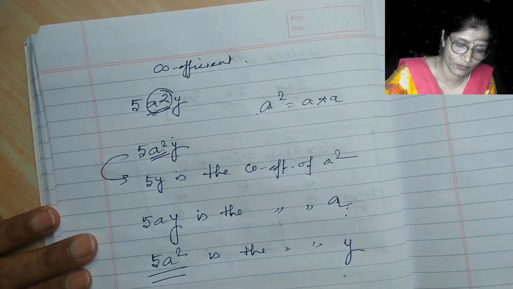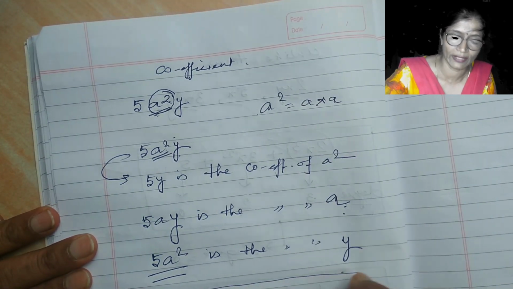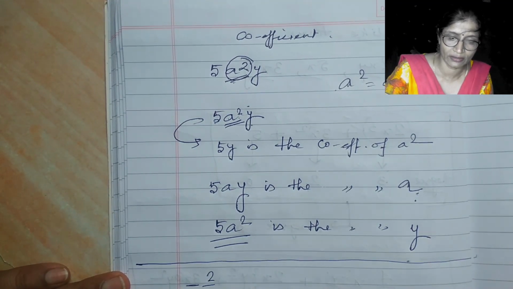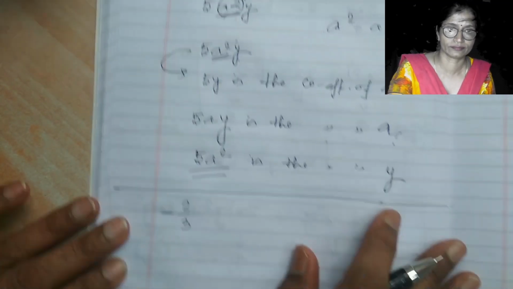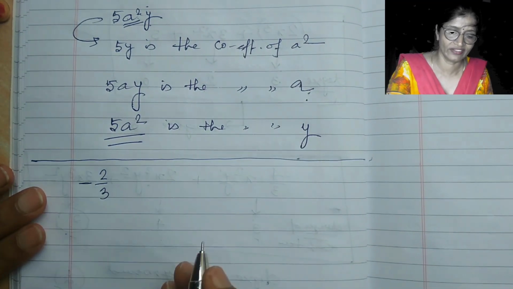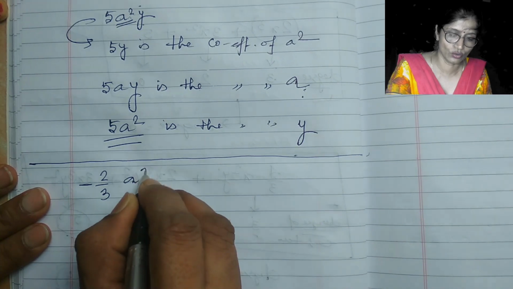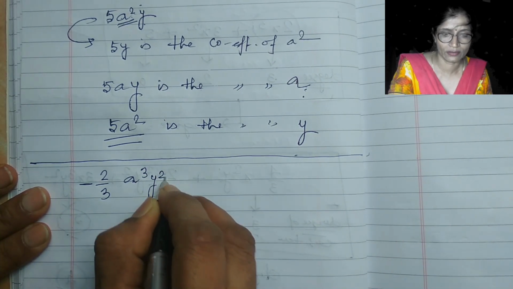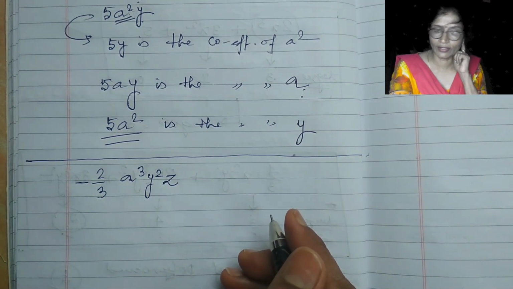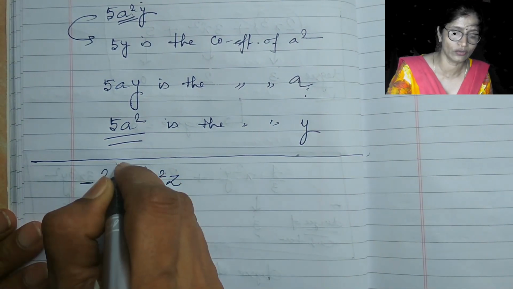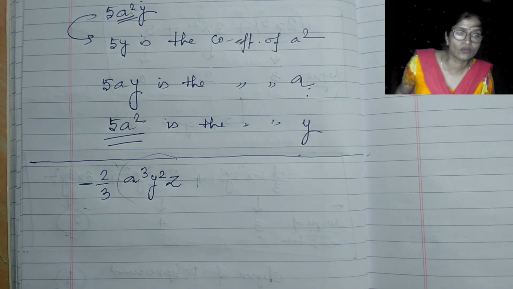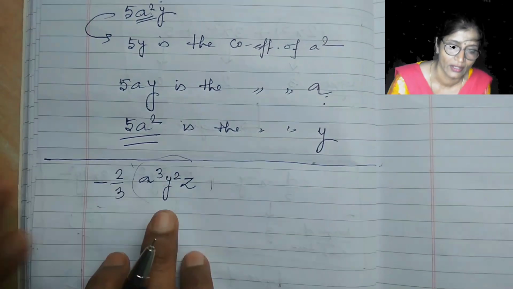In the same way, suppose one more example I am giving you: minus 2 divided by 3 a cube y square z. Obviously this is the numerical coefficient and this is the literal coefficient. I am asking you what is the coefficient of z.